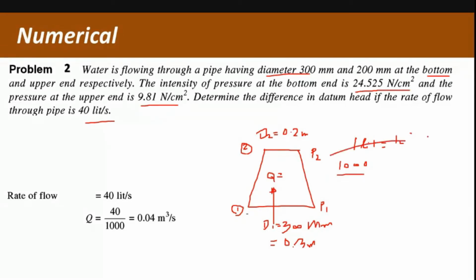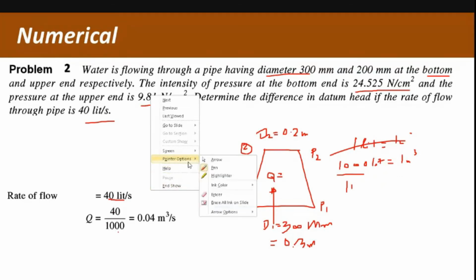Sorry, 1 liter is not 1 centimeter cube. Remember 1000 liter equals 1 meter cube, or 1 liter equals 10 power minus 3 meter cube. So to convert liter per second to meter cube per second, we multiply by 10 power minus 3 and simply divide by 1000. Okay, this is the given problem.